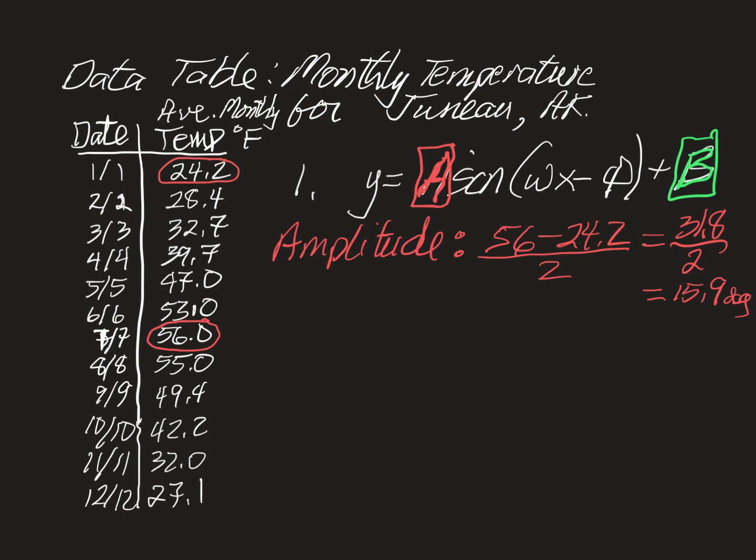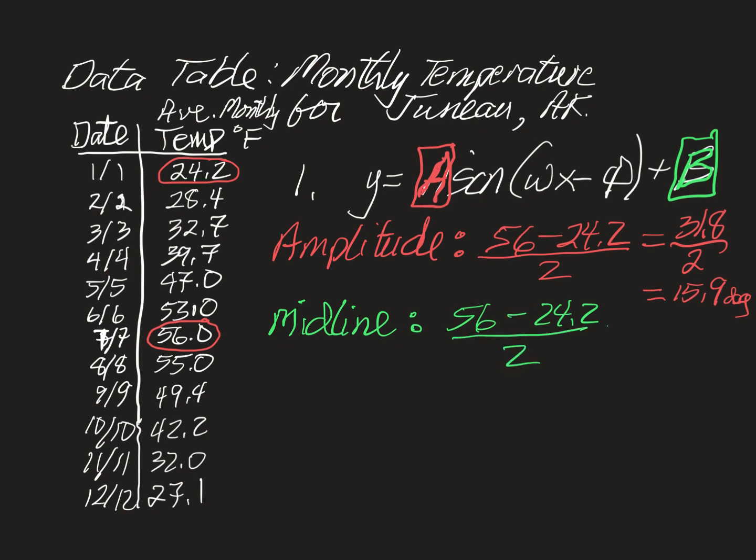So where would the midline be? So essentially what you want to find here is the midline, all right? And that'll tell you how far you moved up from 0. Well, how do we find the midline? Well, we're going to use the same two numbers, 56 and 24.2. And all we want to do is find halfway between these two numbers.